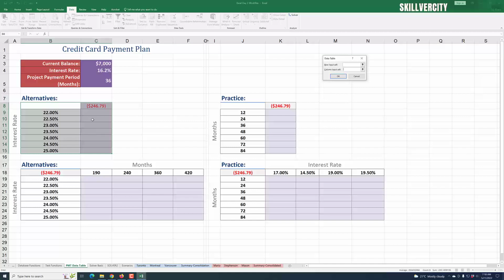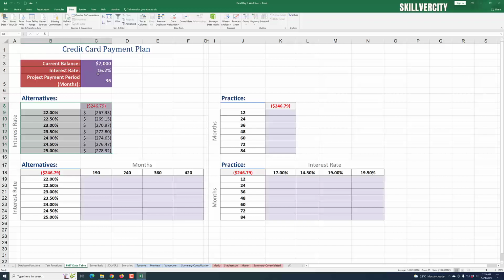We are only asking what would be the payment if our interest rate changes and nothing else, just the interest rate. The results of the change of the interest rate will be entered under the column right here. So in that case, we are only selecting interest rate from our formula table here. So let's click on interest rate, and if we click OK now, you see that we have all our answers.